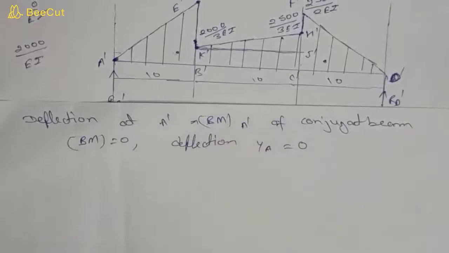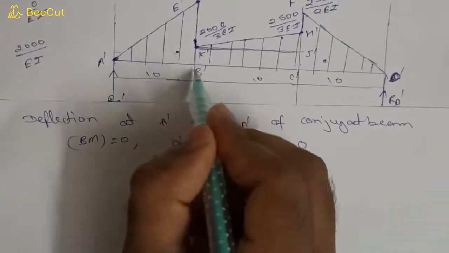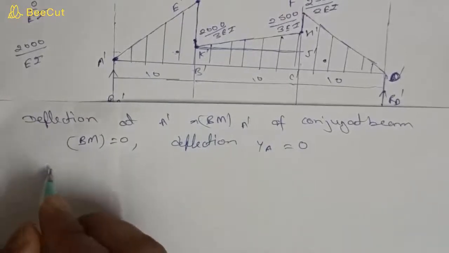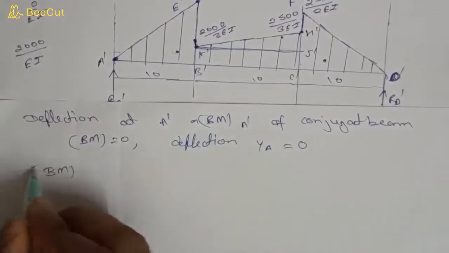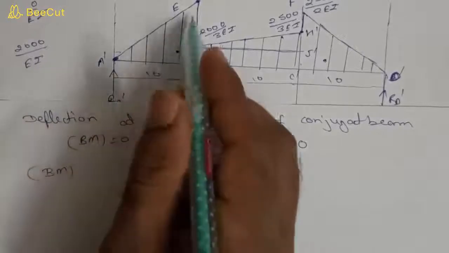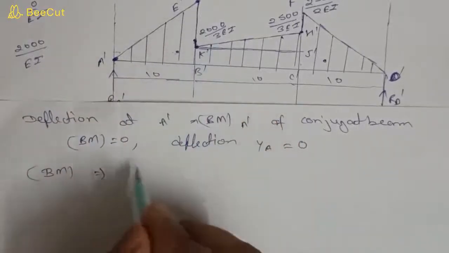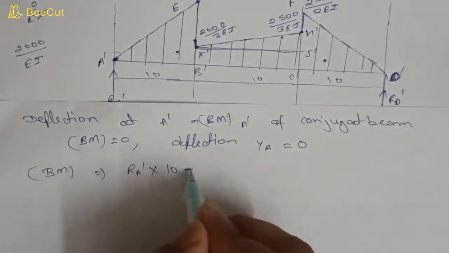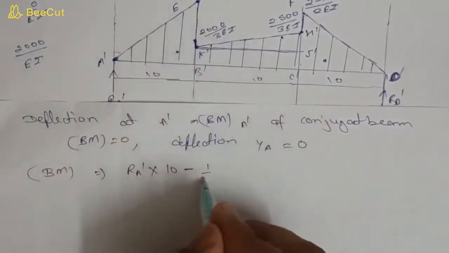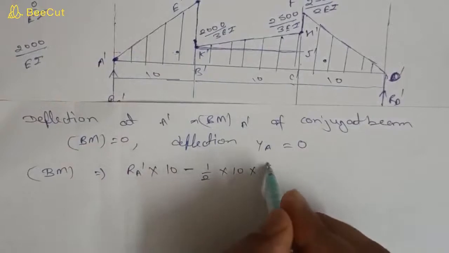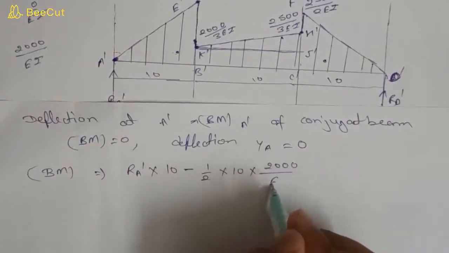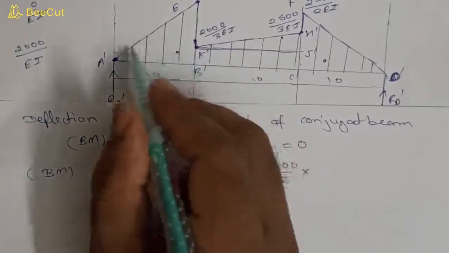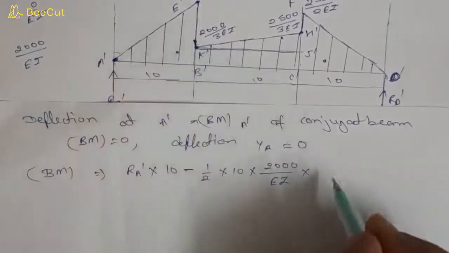Now we have to find the deflection at this point B dash. So at B dash, deflection will be equal to the bending moment of this load and this load at B dash. So it will be equal to RA dash into 10 minus, due to this load, half into base 10 into height 2000 upon EI into the distance of the centroid of this load from B dash.